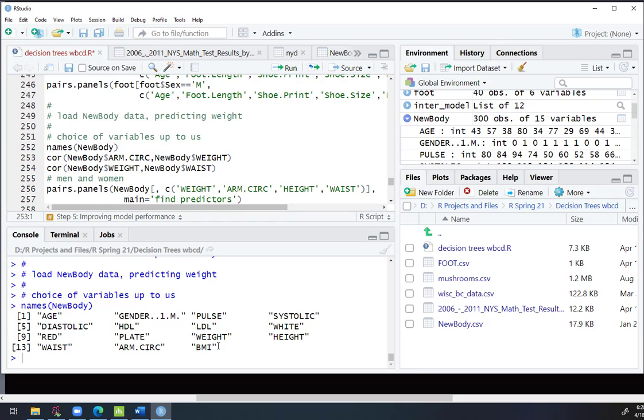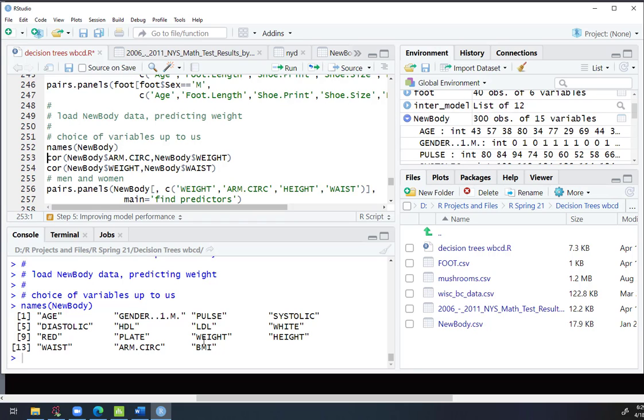I'm going to be reluctant to try to predict weight using height and BMI both, because these are related variables. BMI is defined in terms of functions of weight and height. And so I probably will use one or the other, but not both.